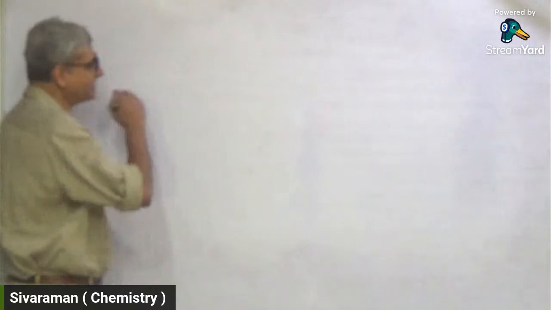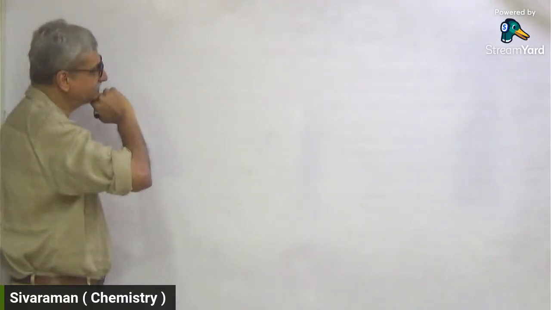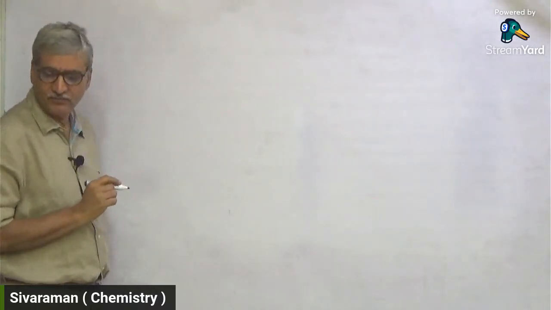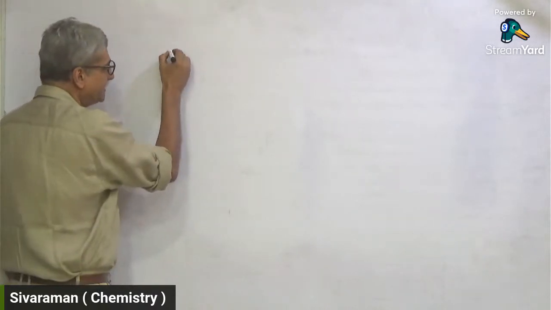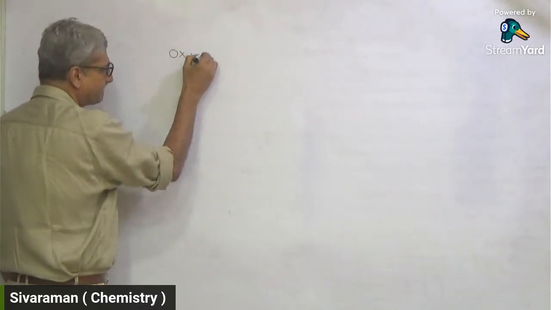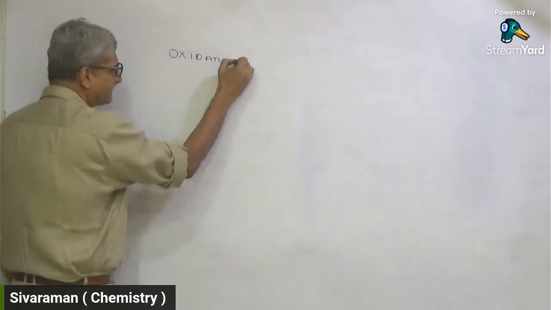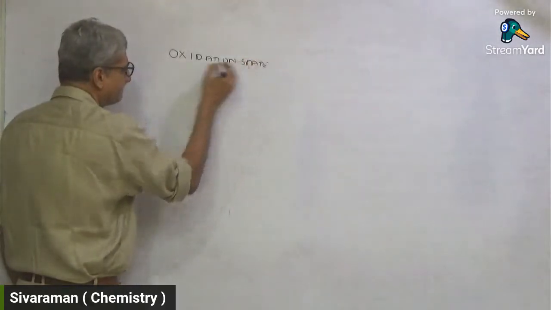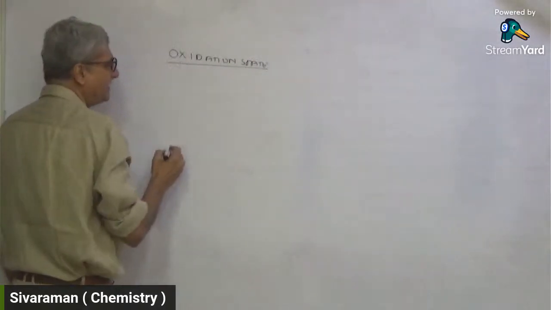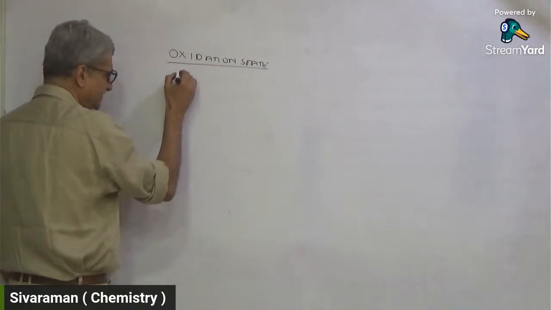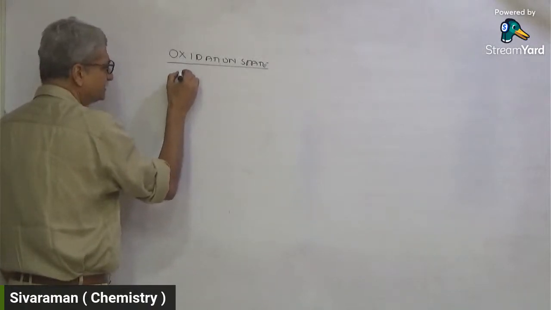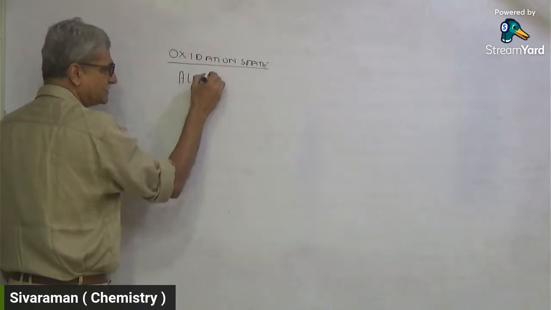Now listen carefully. What I was telling was, we were talking about oxidation state. Fluorine, all halogens. Let us start like this.